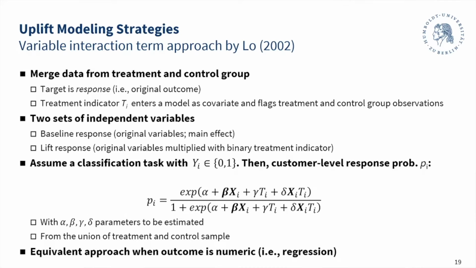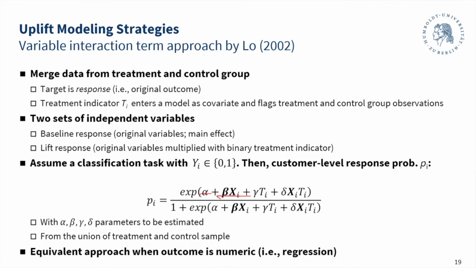Yet Lo took it one step further. The equation that you see is just the standard form of logistic regression. Have a look at the statistical learning chapter where we introduced logit. This is just the logit model. And in this logit model, we have an intercept, that's alpha. We have our covariates that enter the model in a linear and additive form, beta times xi.